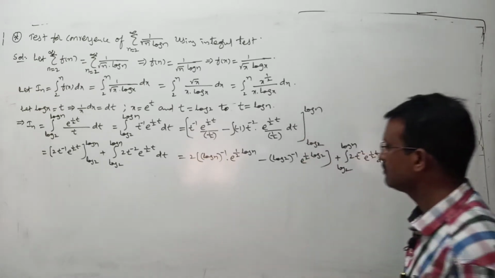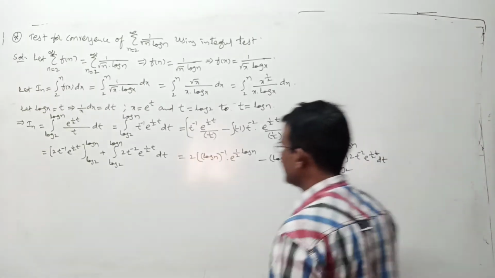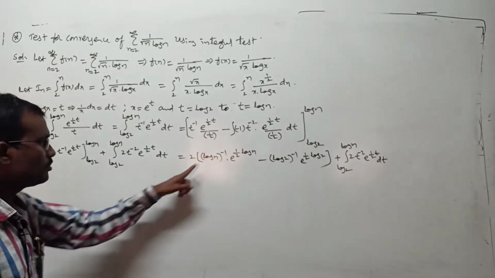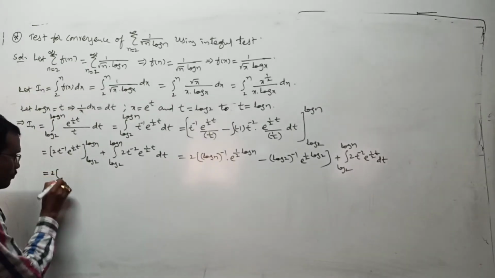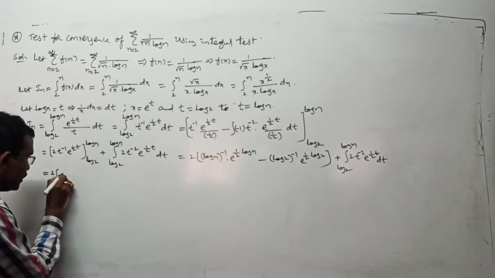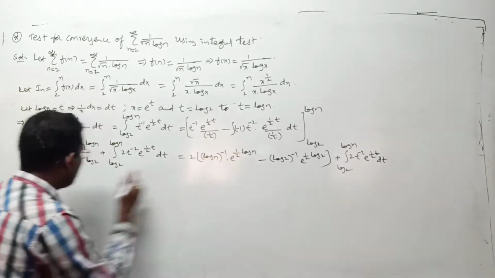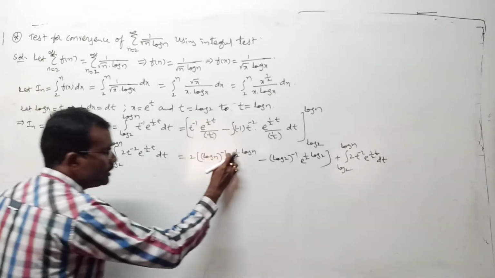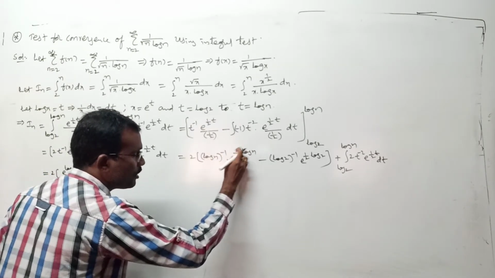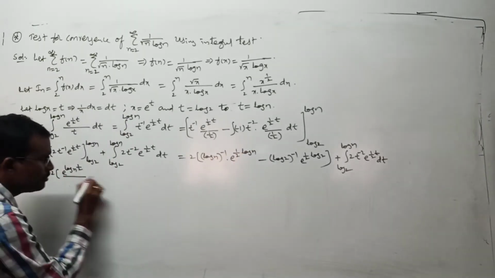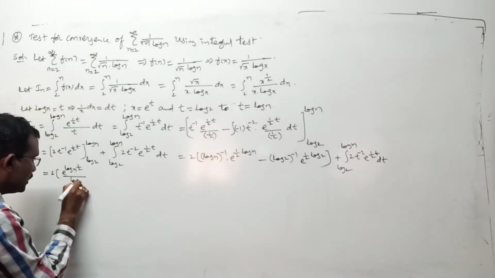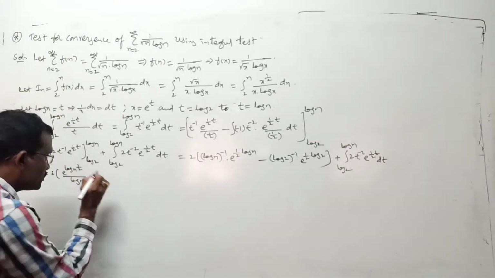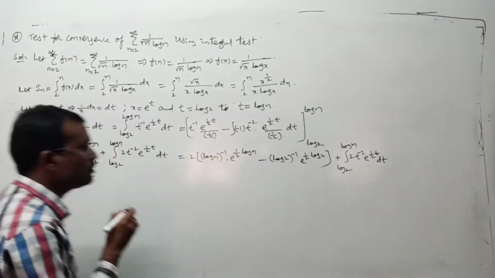Any problem is there? Let us simplify again this. This is equal to, yes, go here. 2 into, this is e power log n to the power of 1 by 2, or not? Log n is log n to the power of 1 by 2, whole by this log n. I taken log n to denominator, that is this term, minus here also this is what?